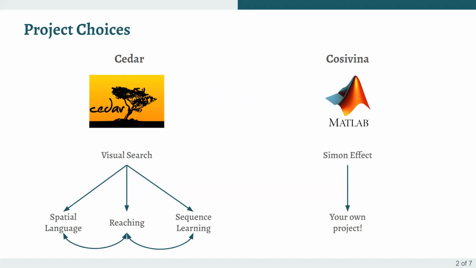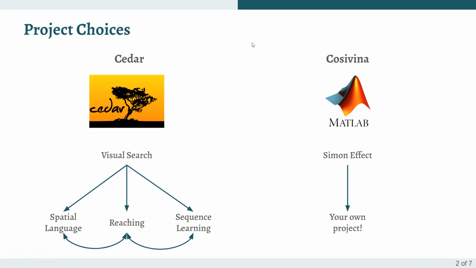In our experience, if you really want to model something, if you have an engineering background and you want to model some behavior, then Cedar is usually the best place to start because you can get productive very quickly, and you can build entire architectures that will in the end do visual search and then maybe reaching, understand spatial language in a scene, or do even learning of sequences.